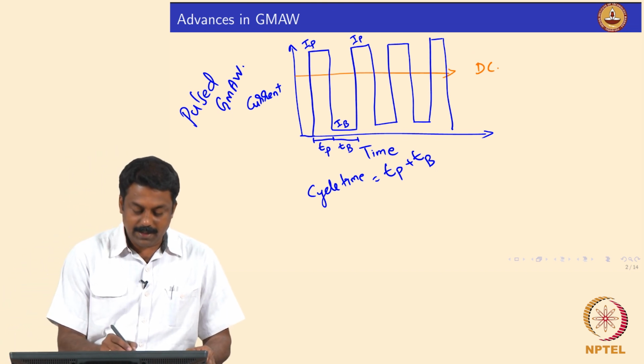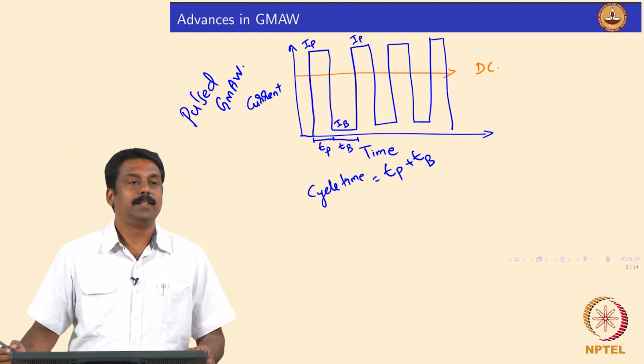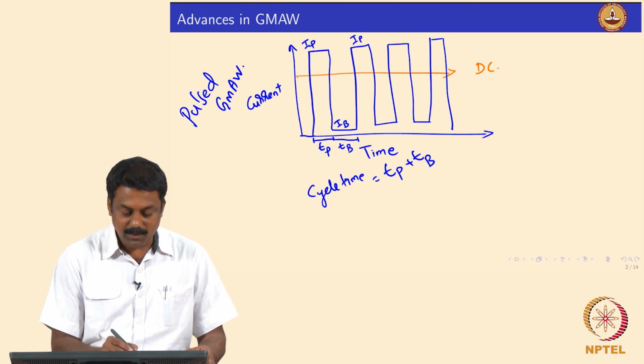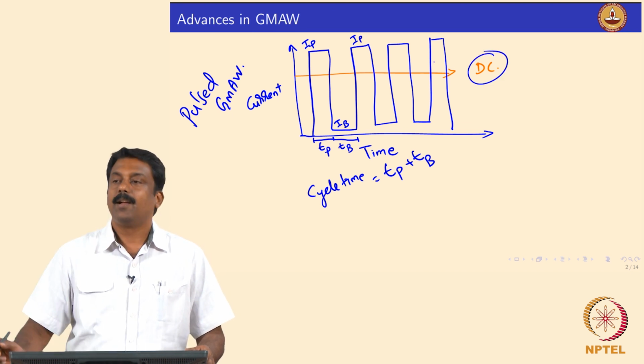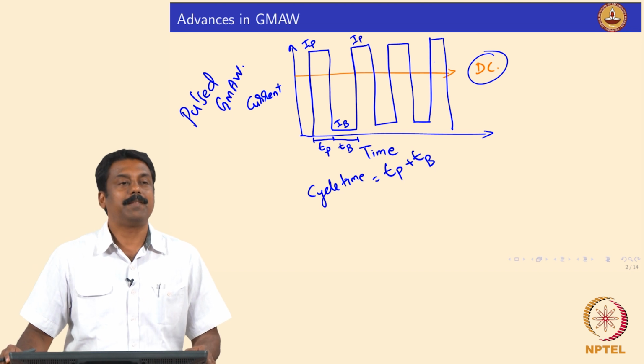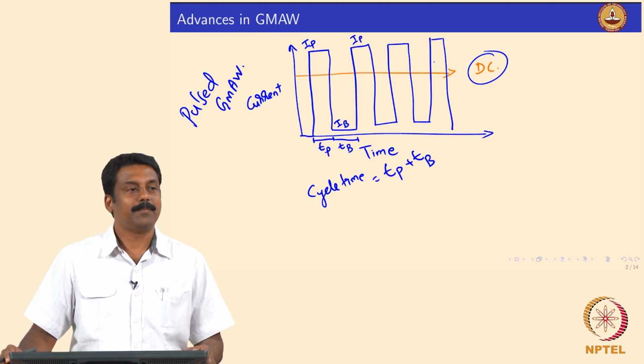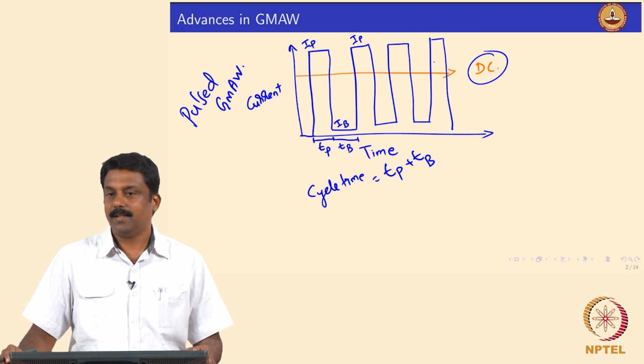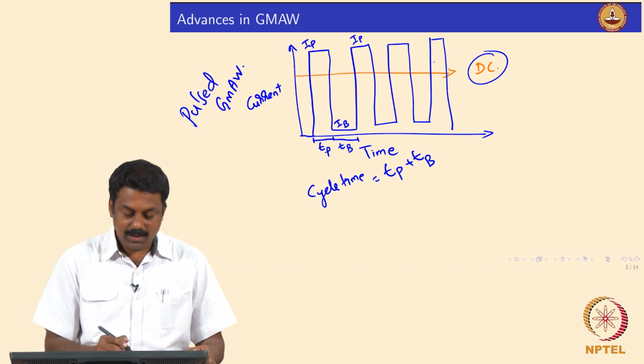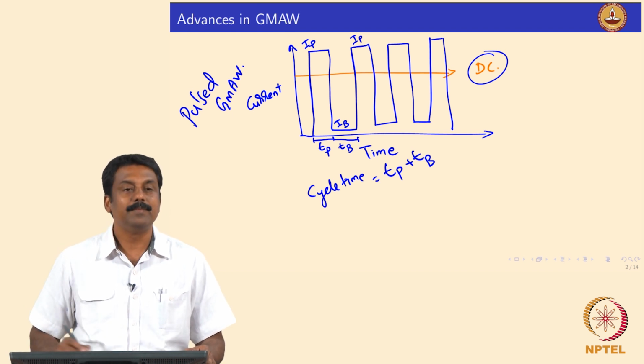If you take the average current over this one cycle, it will be much lower than the current you use in a constant current case, isn't it, right. So, how do you calculate the average over the cycle?